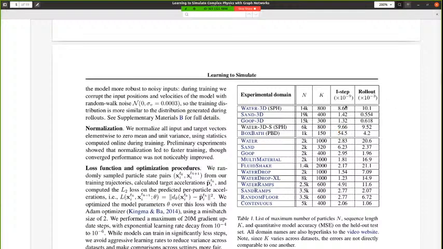And then you have a rollout error, which is if you take the emulator that you've built from the machine learning and you iterate it up to 2,000 times on its own output, on what order is the rollout error. And you're losing several orders of magnitude in the mean squared error, in this case, of the system state after the rollout.